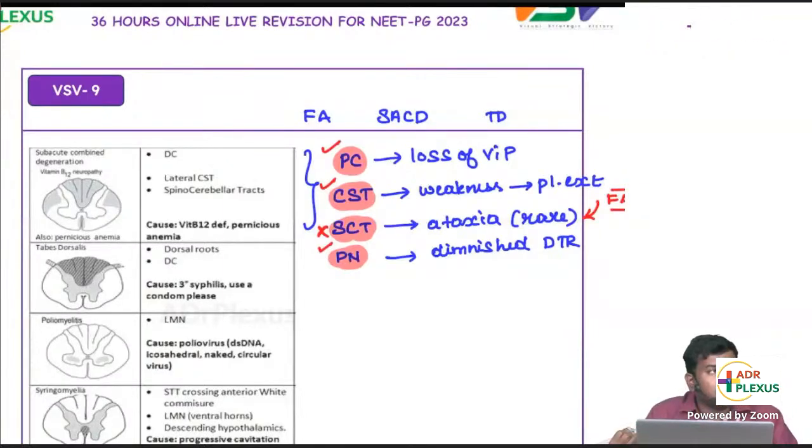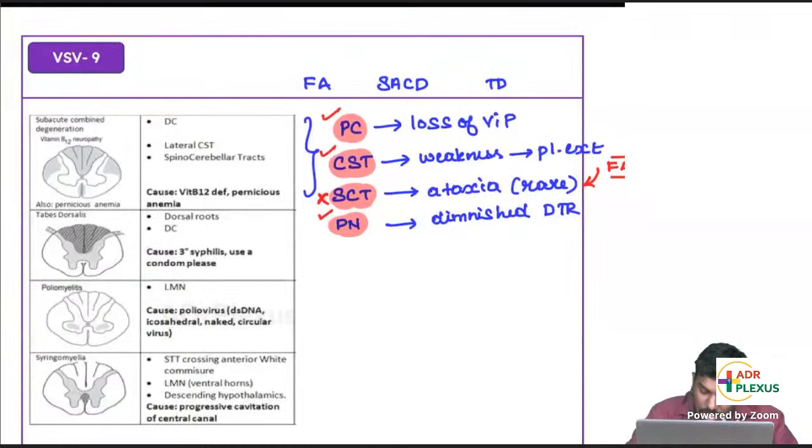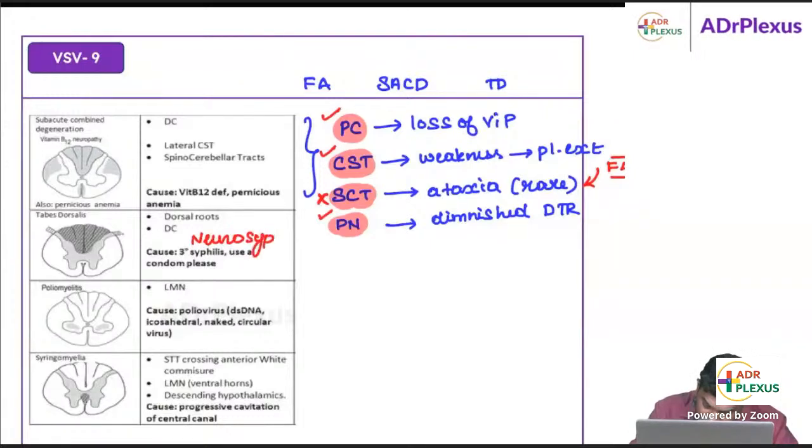Then if you see tabes dorsalis or neurosyphilis, there is involvement of the posterior column and peripheral nerve.